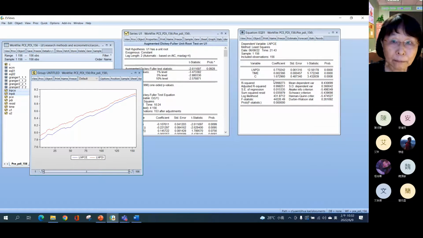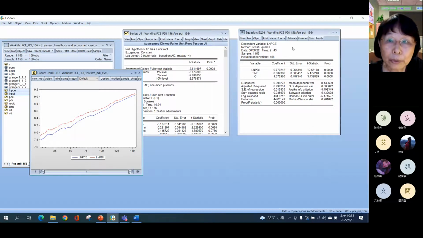Co-integration regression. In other words, for these examples, since the residuals already passed the Dickey-Fuller test, the original regression is called co-integration regression.